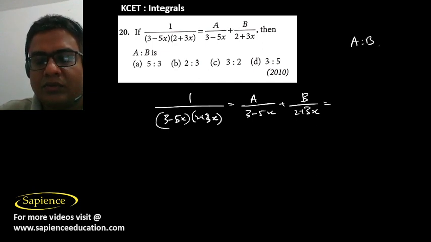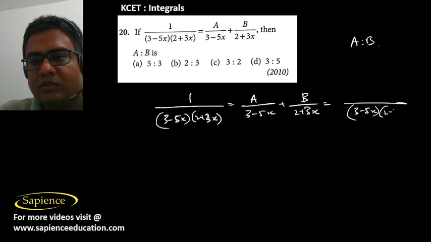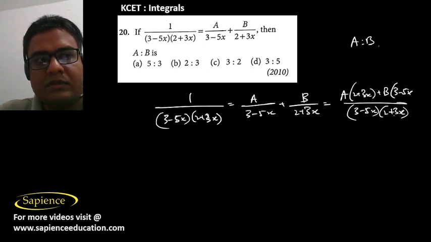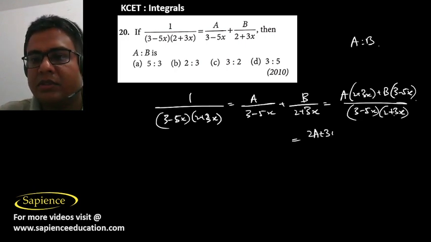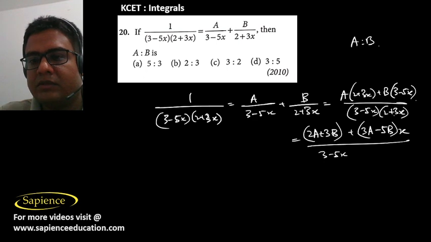So if we take the LCM, this is (3 minus 5x)(2 plus 3x). This will be a into 2 plus 3x plus b into 3 minus 5x.